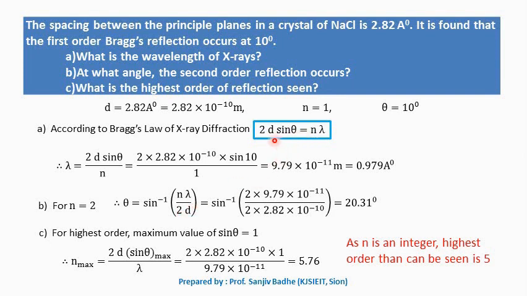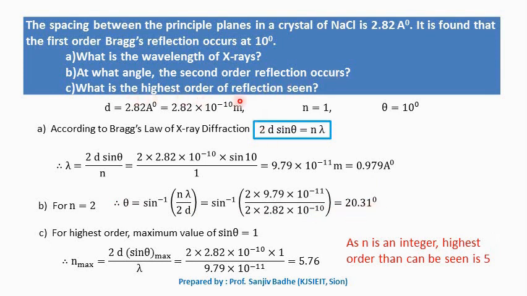So d is known to us, lambda is known to us, n will be put as 2 and the value of theta can be obtained. So theta can be written from this relation as sin inverse of n lambda upon 2d. n is put as 2, lambda we just now calculated, d is given, and theta can be calculated from this relation as 20.31 degrees. So the second problem also we have solved.